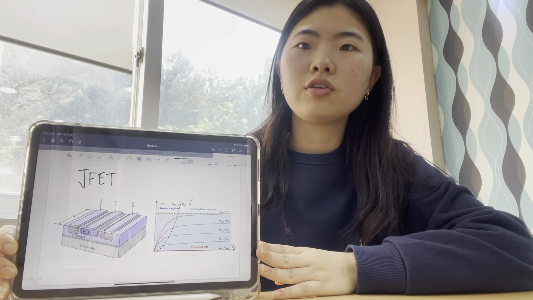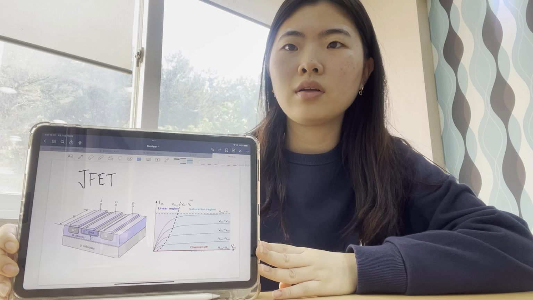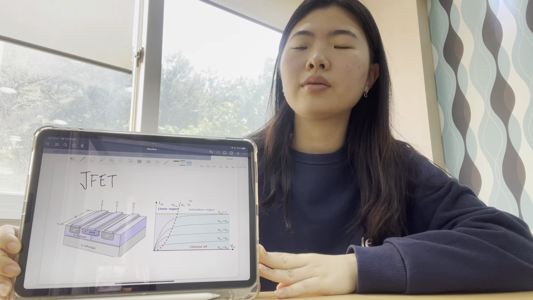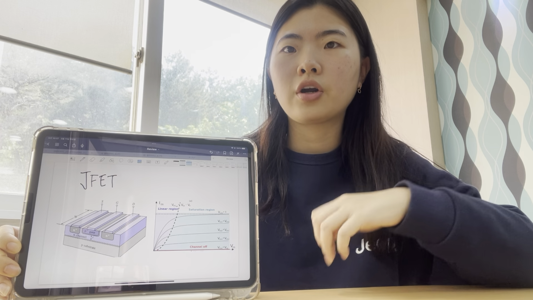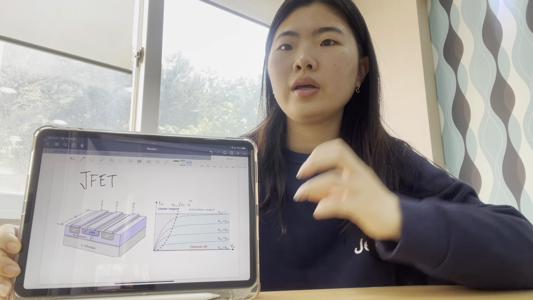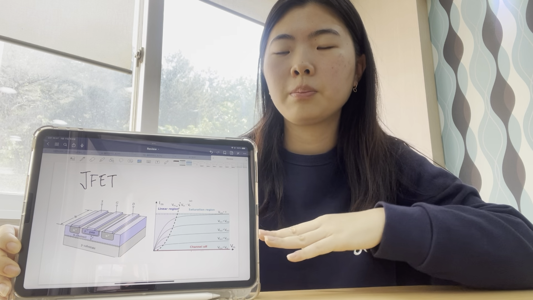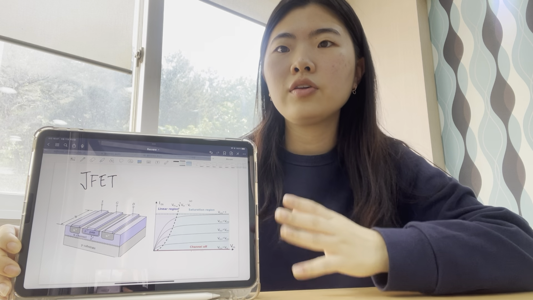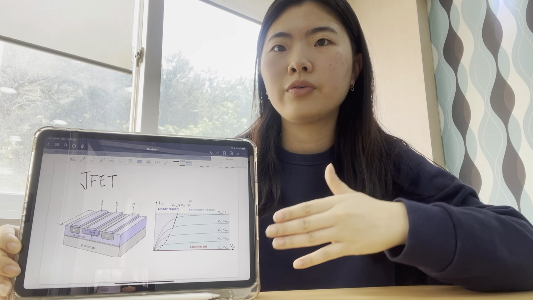And then this is the JFET. It is another type of MOSFET. Actually, JFET flows the current based on the depletion region. If we control the depletion region, the depletion region makes the path of current.